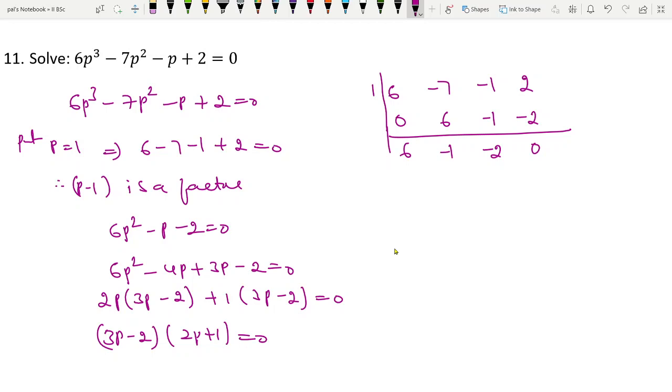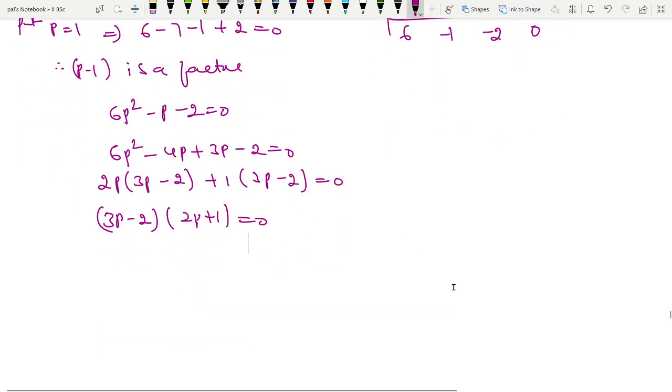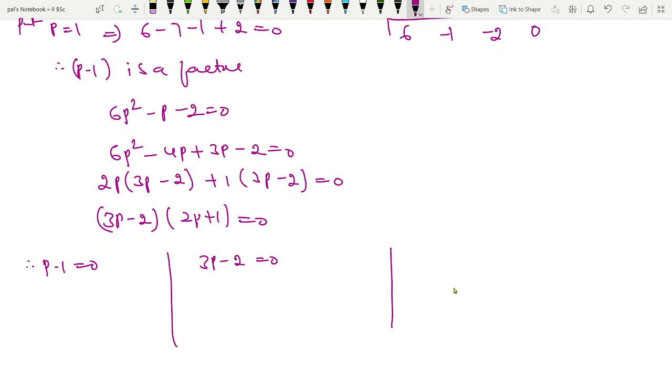So therefore all factors are p minus 1, 3p minus 2 and 2p plus 1. So p minus 1 is equal to 0 is one factor, 3p minus 2 is equal to 0 is another factor, 2p plus 1 is equal to 0 is another factor.